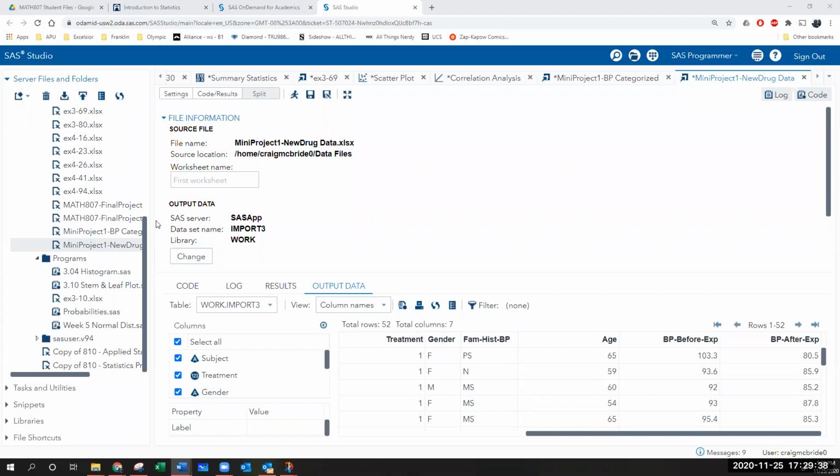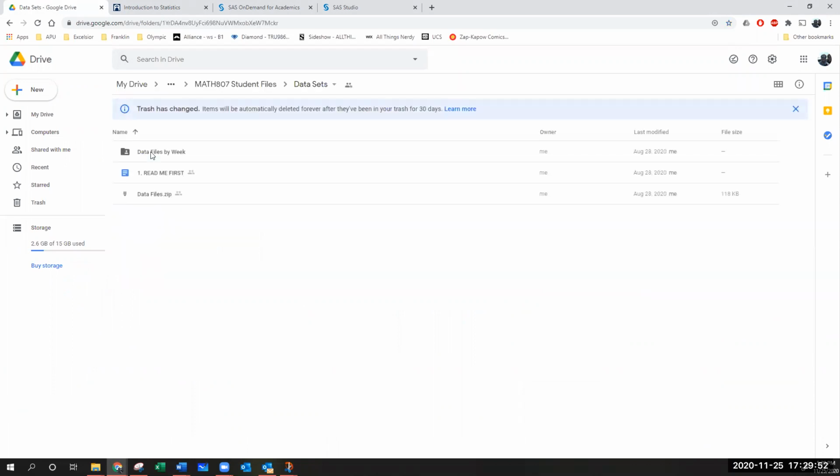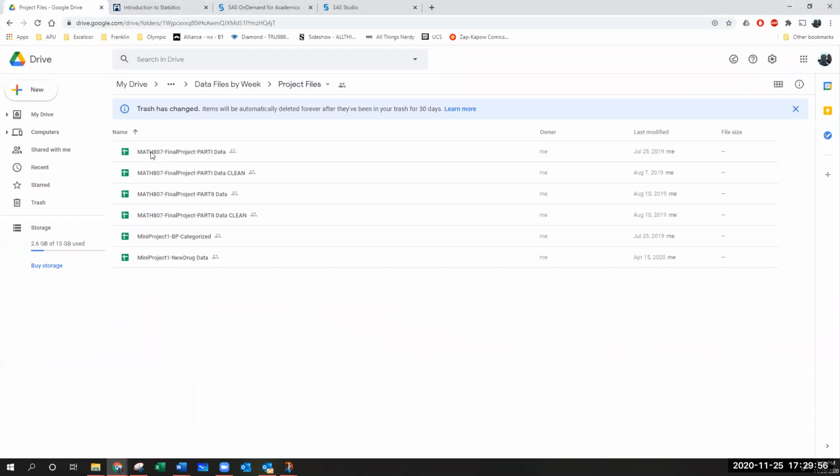Okay, well, one thing I want to point out, in case I didn't point it out in last term's videos, when people are watching these videos back, is for your data sets and the project files, you'll notice that for the mini project, there are two sets of data.